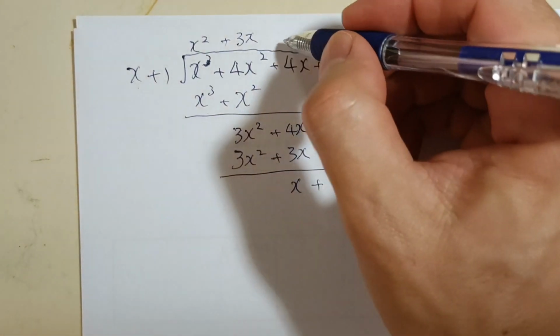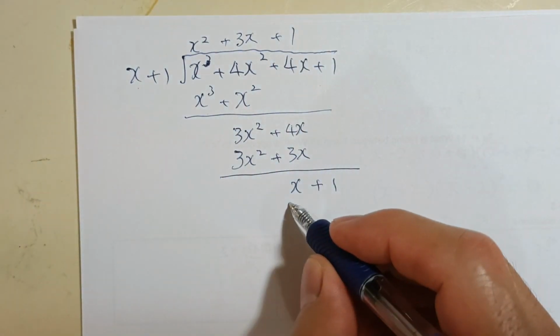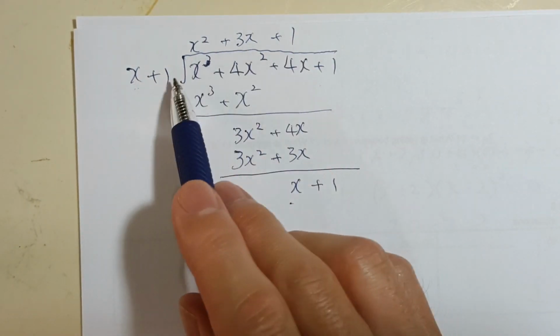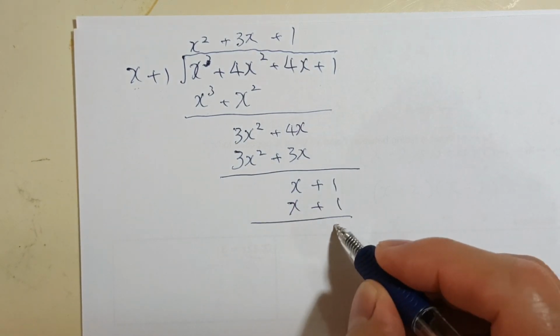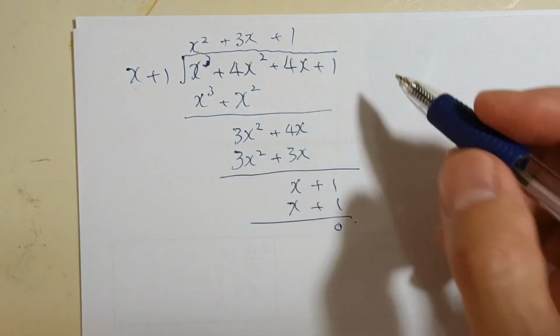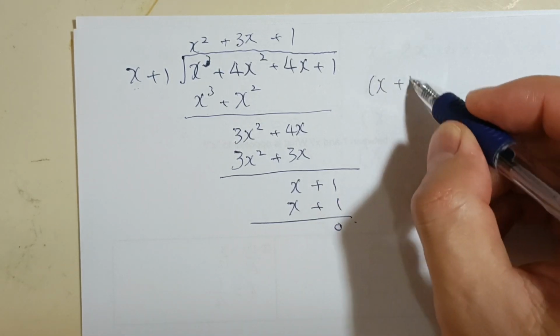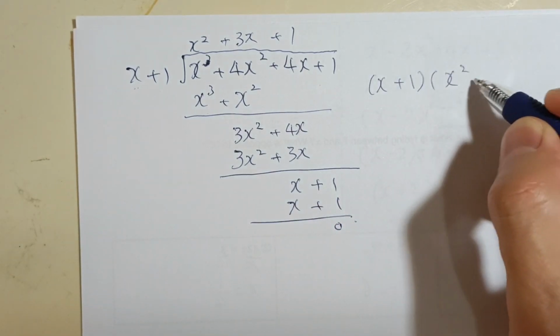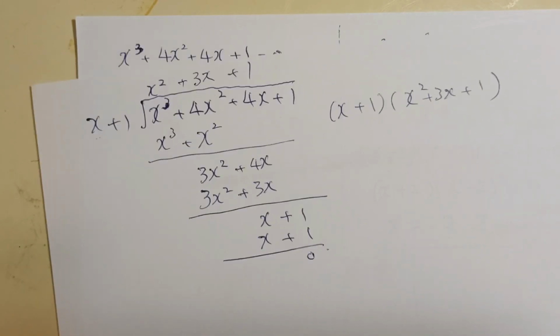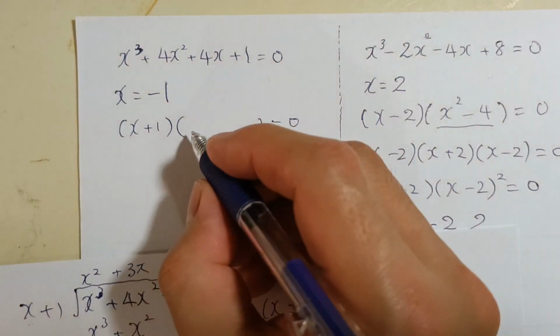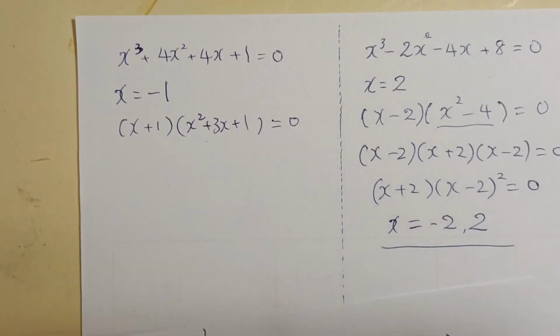Then if you do plus 1, x plus 1 times 1, 0. So this one is x plus 1, x squared plus 3x plus 1. Right? So this part is like this.